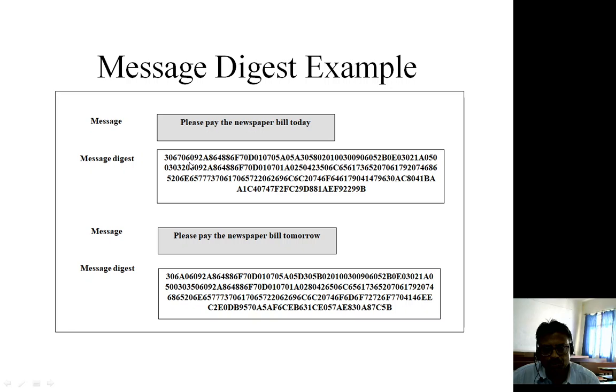The next value is 0609, and here you get 0609. But after that 2A, 864, 886F, 70D10. So, you get a certain difference in the message digest if there is a change in the message itself.